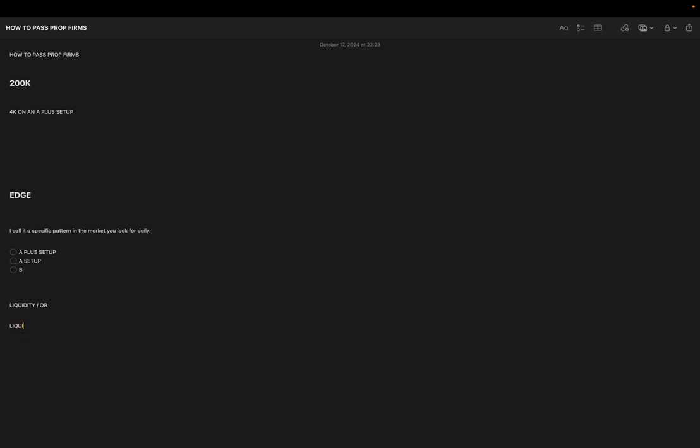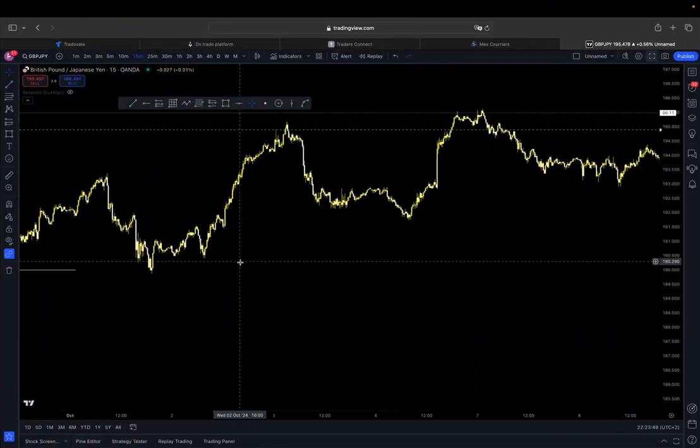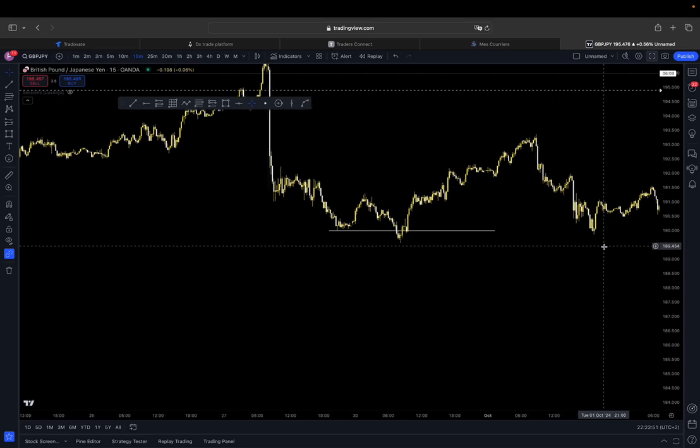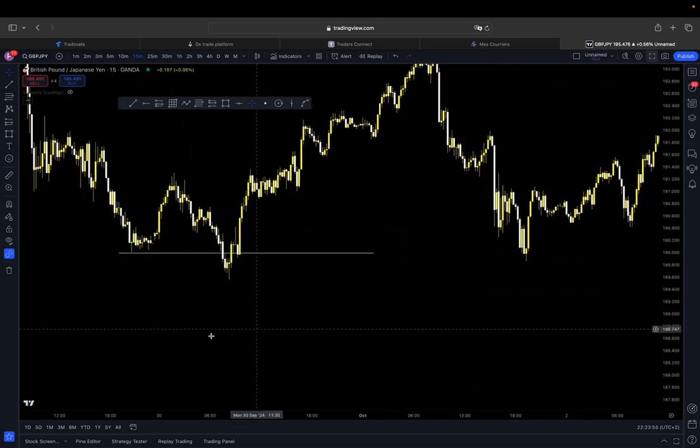Liquidity. What do you have next? You have a break of structure here, a 15 minutes break of structure here.